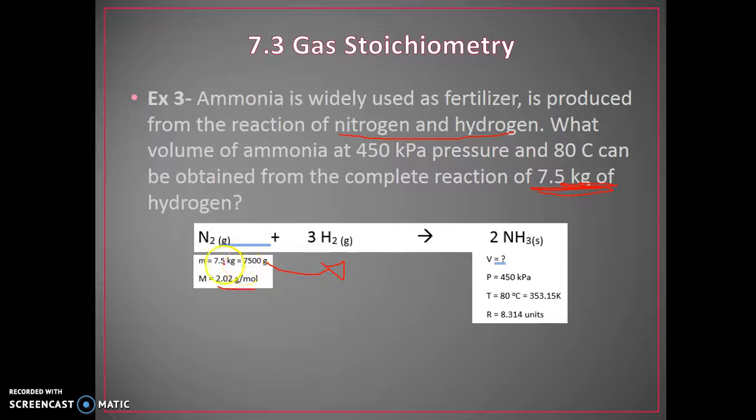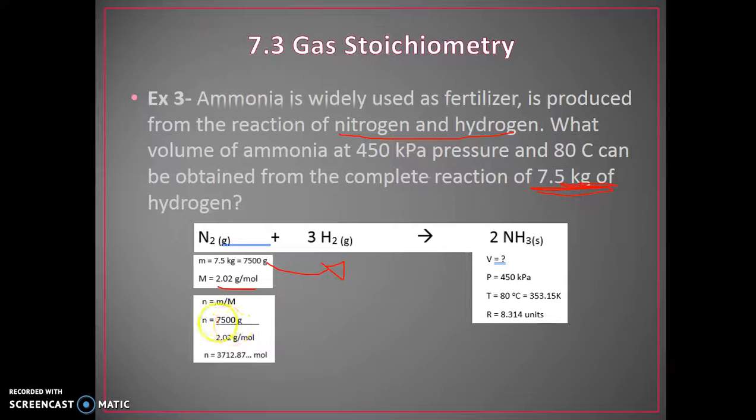So 7.5 kilograms, we need to convert that to grams by timesing by 1,000. So it would be 7,500 grams. The molar mass of hydrogen is 2.02. And that gives me enough information then to figure out the moles of hydrogen.